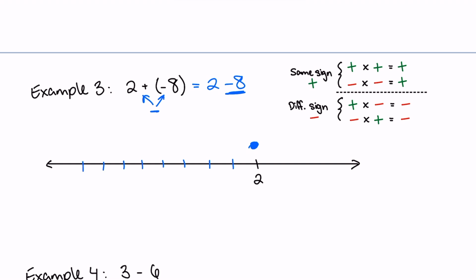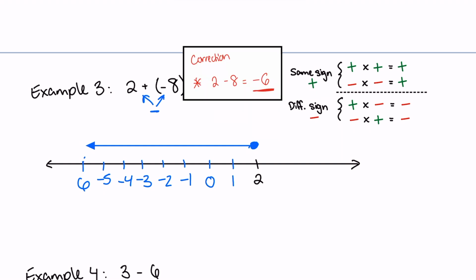And now we just fill in our numbers. So we're going to the left, so our numbers are getting smaller. So we're going from 2 to 1, 1 to 0, and we're getting increasingly negative. So -1, -2, -3, -4, -5, -6. So 2 minus 8 is going to equal -6.